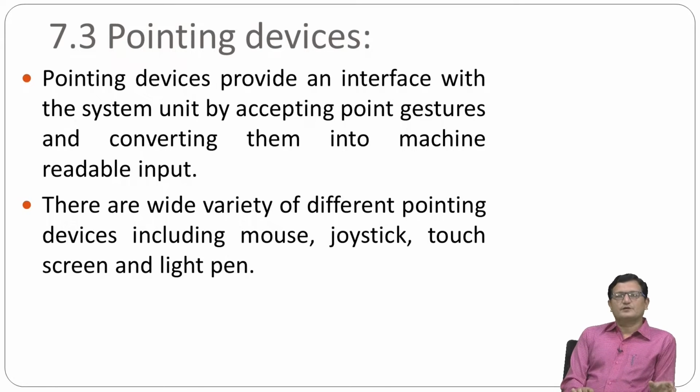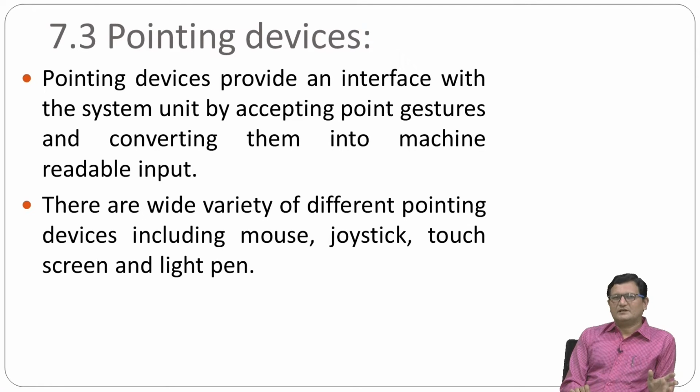Okay. So, after discussing a lot of things about the keyboard, now we will start discussing our pointing devices. Pointing devices provide an interface with the system by accepting pointing gestures and converting them into machine readable input.